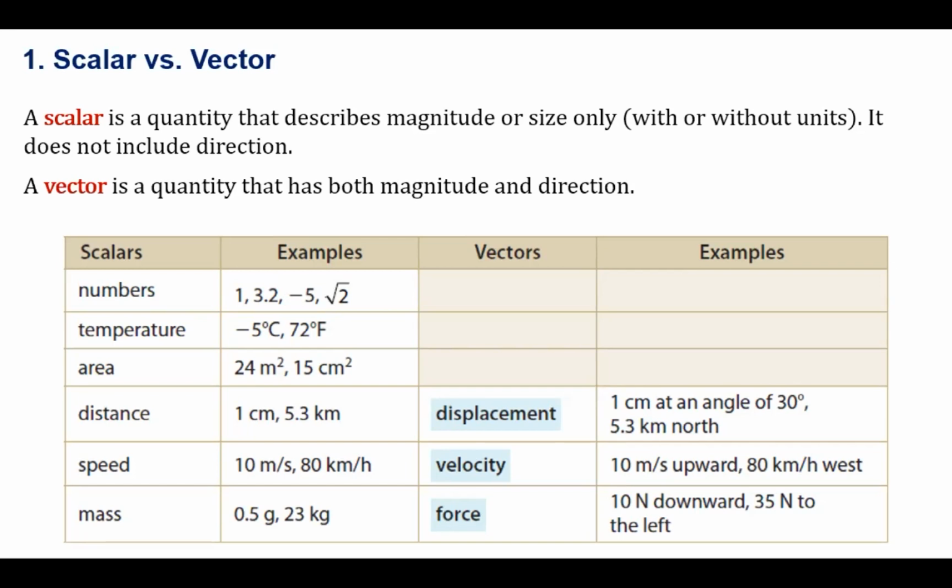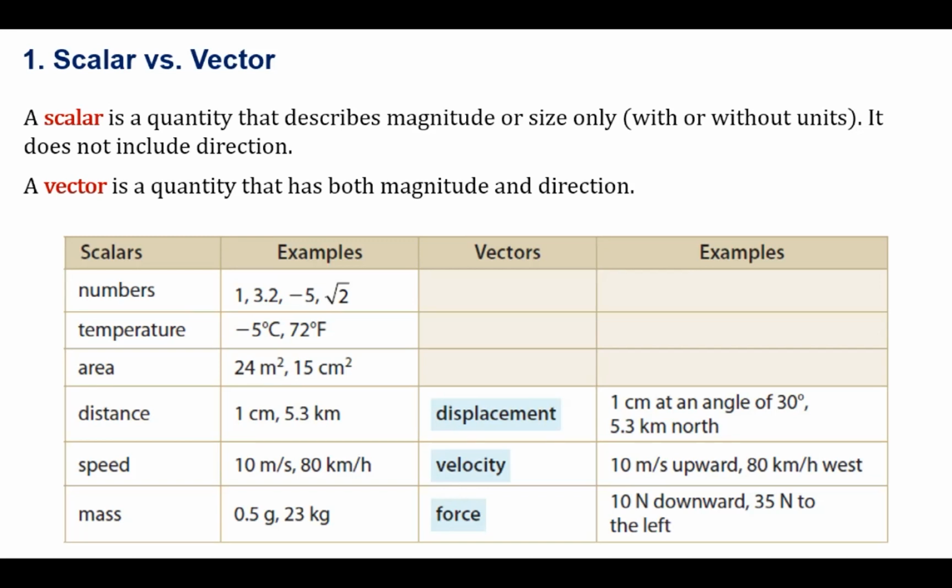These areas are also scalars. Okay, you can have a look at some other examples as well. For example, distance, speed, mass are all scalars. Whereas displacement, velocity, and force are usually vectors because these quantities have both magnitude and direction.